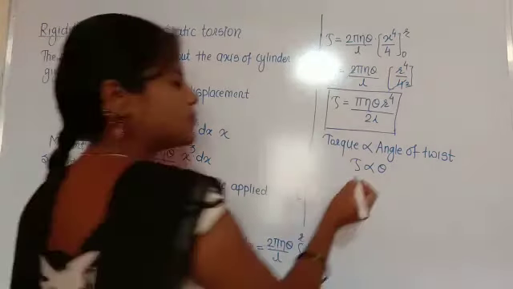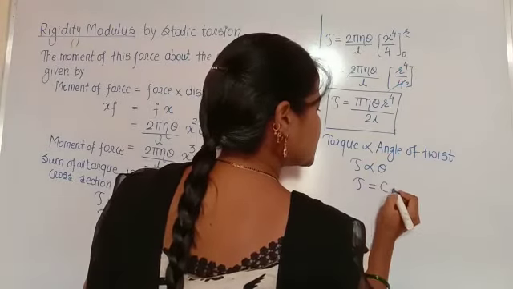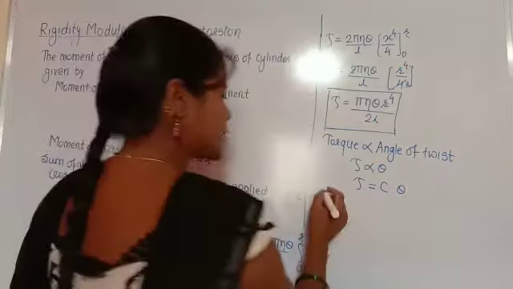When we remove the proportionality sign, we take a constant. Therefore, torque is equal to C into theta, where C is the constant.